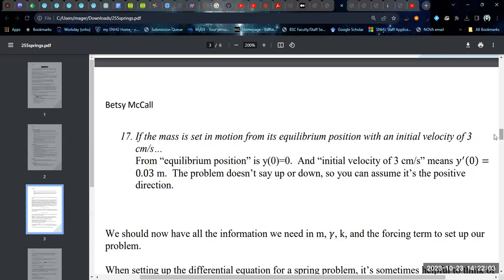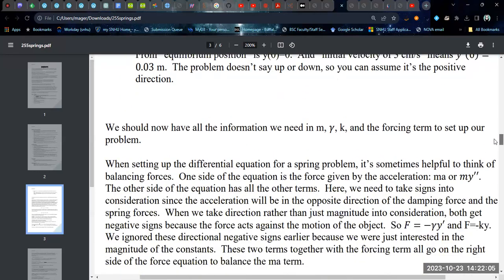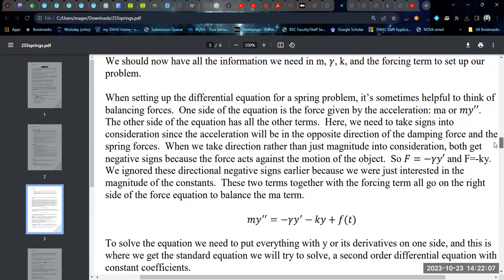All right, so in order to set up our differential equation, as I previously noted, we have our acceleration, our gravity typically on one side, and then we have our damping and our Hooke's law and our forcing terms balanced out on the other side of the equation. To solve this in differential equations, we typically move everything but the forcing term to the other side.